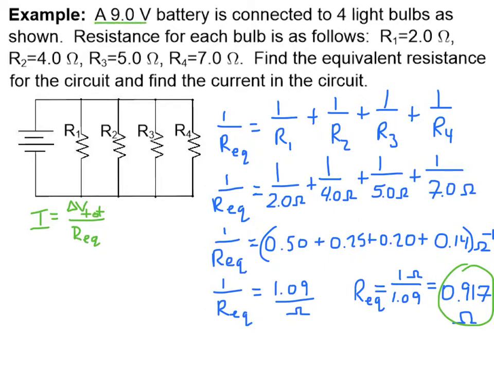It's 9.0 volts divided by the equivalent resistance. And I get 9.8 amps for the current in the circuit. Just to check, for resistors connected in parallel, this equivalent resistance should be less than the smallest resistance, and it is, so this makes sense.